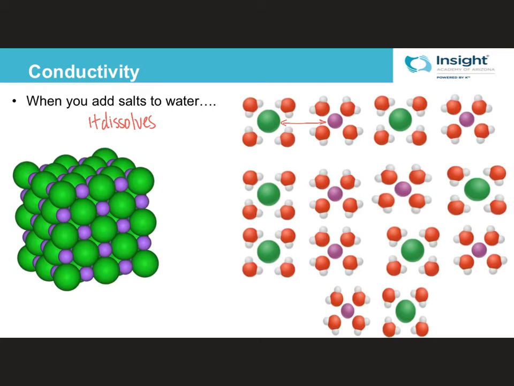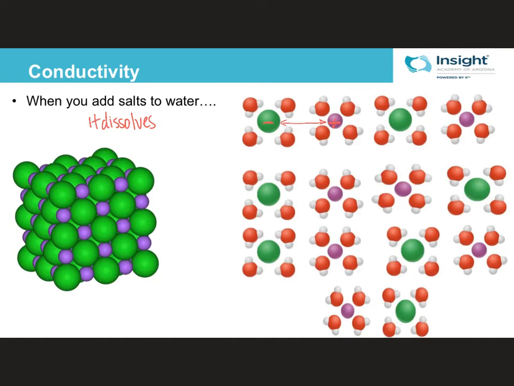So you will have your negative ion and your positive ion. They're still ions, they've still transferred their electrons, but you make the electrical charge more readily available.